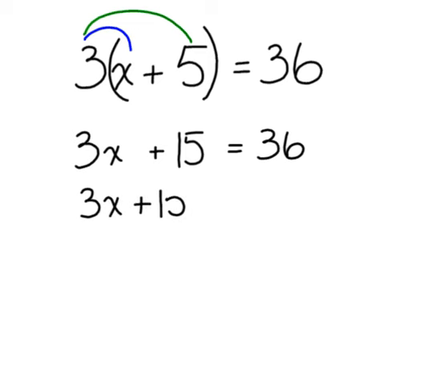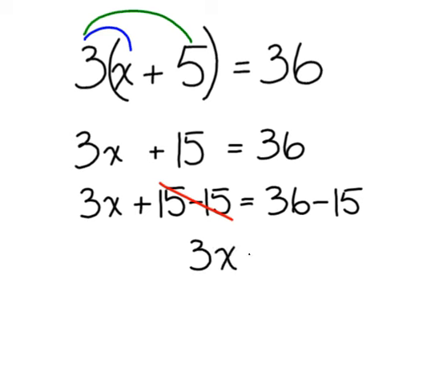You've done this for a while now, so we go 3x plus 15 minus 15, and what you do to one side you must do to the other. The 15s on the left-hand side cancel each other out, and we are left with 3x. Now 36 minus 15 is 21.